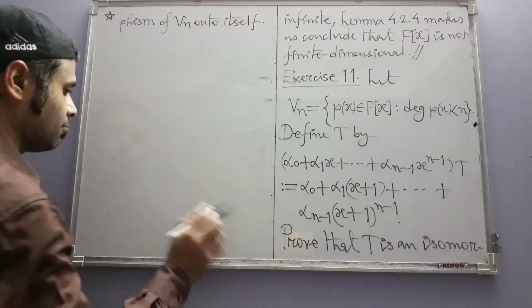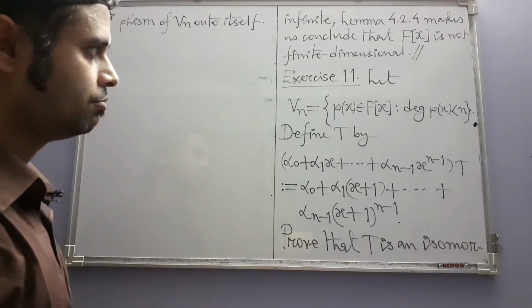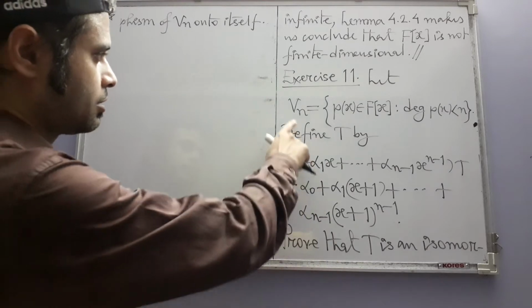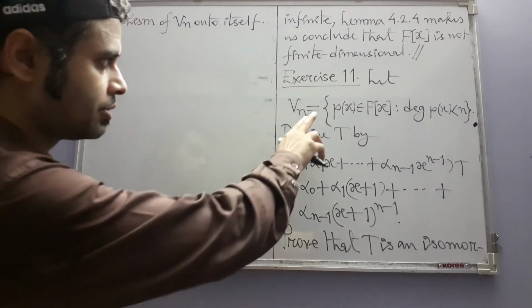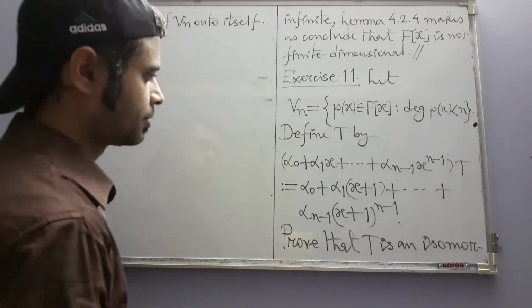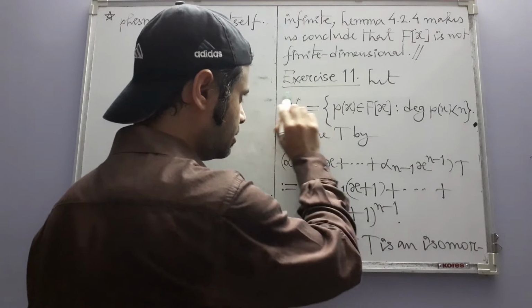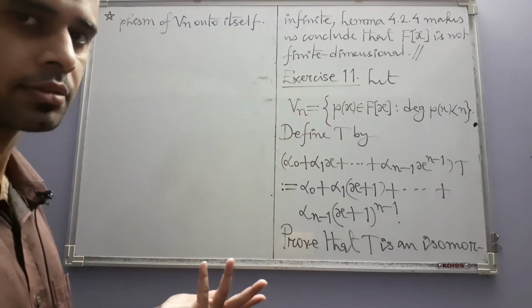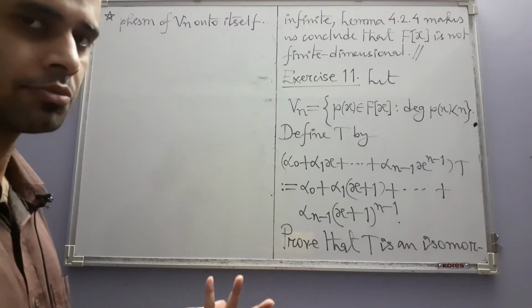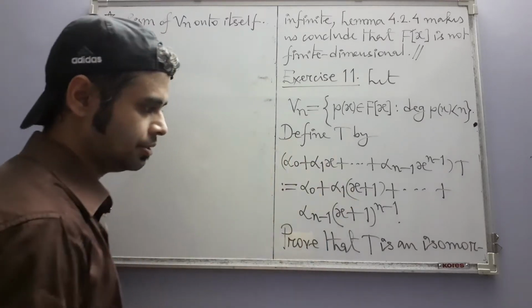Now there is a problem with this exercise. You see, we have been given a subset of F[x]. Fine. There is no problem with the definition of this subset. And then a function T has been defined with this subset as domain and with F[x] of course as codomain, which looks like this.